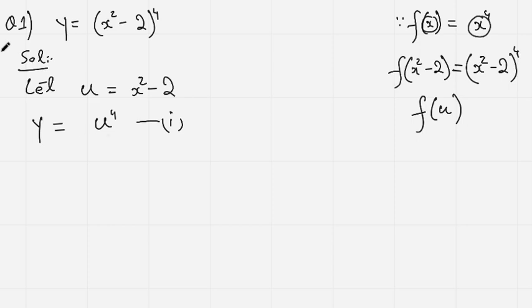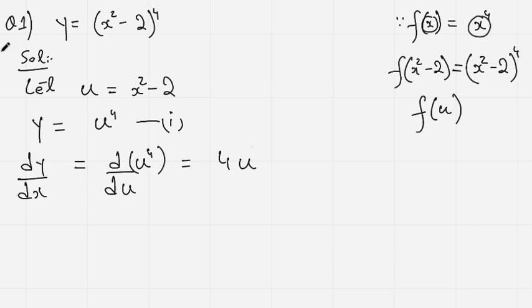Now I'm going to differentiate both sides with respect to x, but on the right side I'm going to use the chain rule. So on the left side I simply write dy by dx, and on the right side, first of all, I'm going to differentiate u power 4 with respect to u. So it's going to be 4u to the power 4 minus 1.